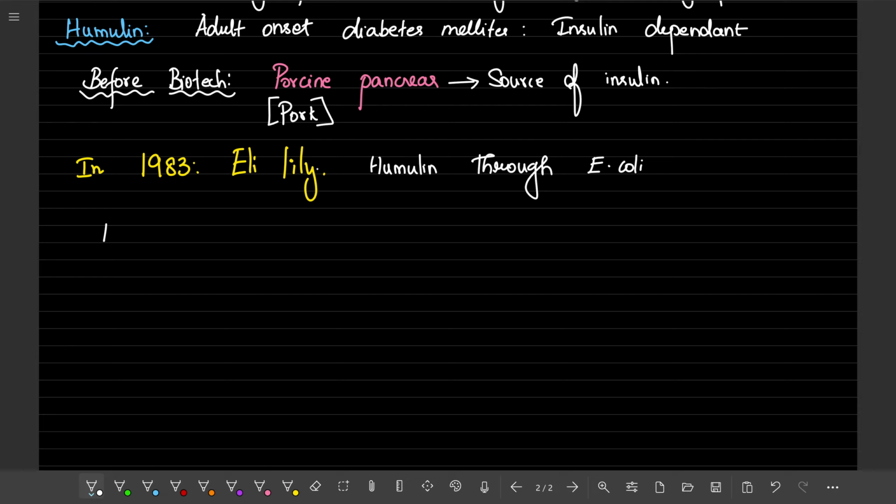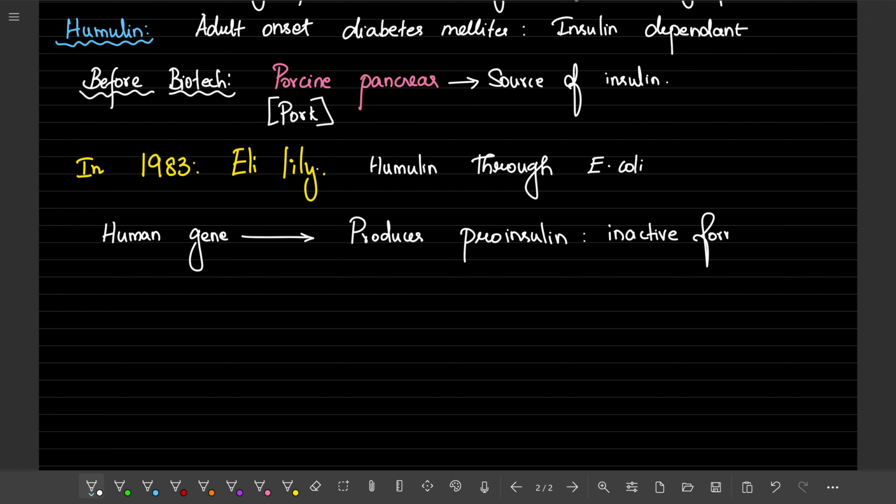We can't do it like that here, because the human gene for insulin codes for proinsulin. So it produces only proinsulin. What is proinsulin? Similar to protoxin, this is an inactive form. It has an A chain and a B chain, but in between the A and B chains there is a C chain.